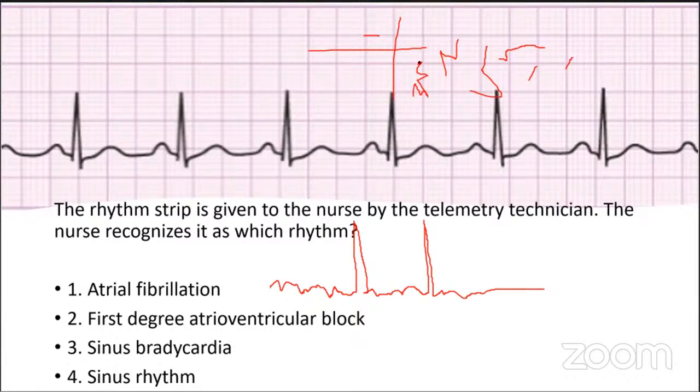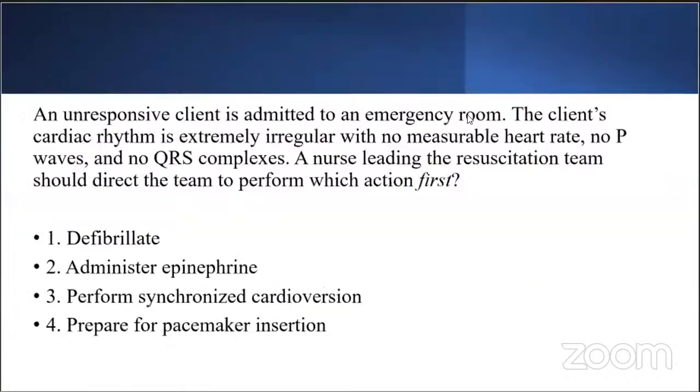Because I know this line is 300, this line is 150, this line is 100, this line is 75, this line is 60, this line is 50. So all I need to identify is where the second QRS fell. And again, from my numbering, I know that it fell, sorry.